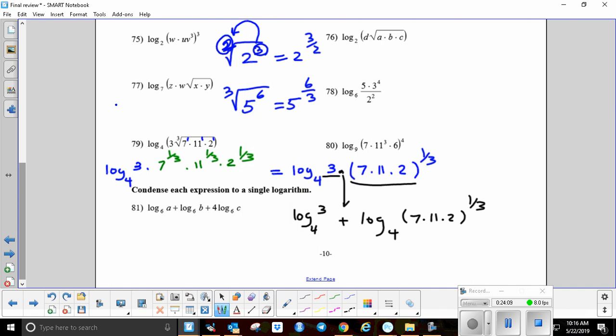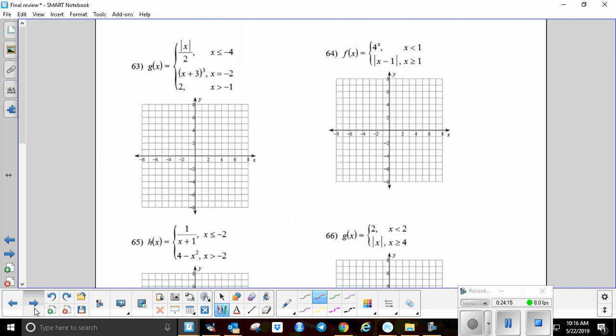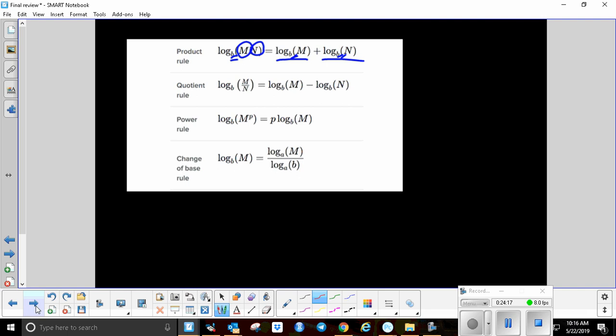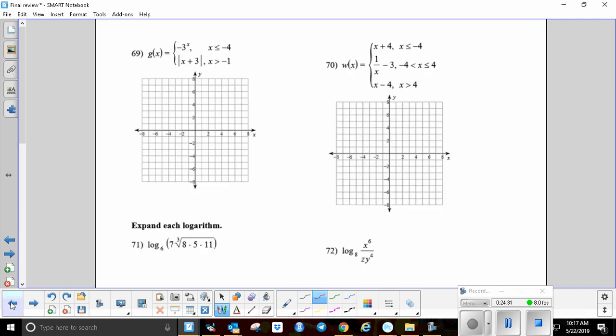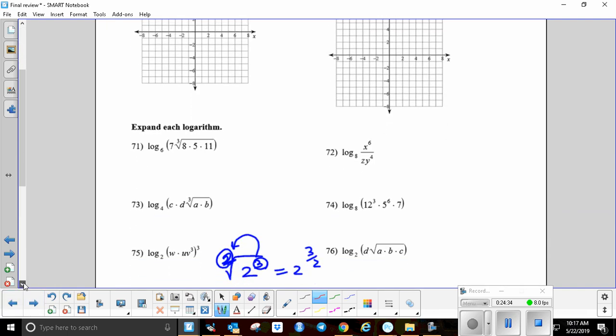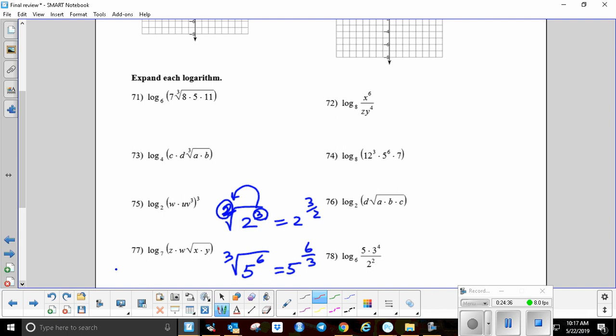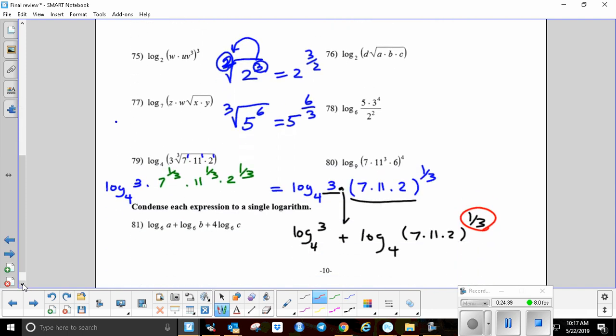Now, if I have a power, let's go to our property. Power of p, that p comes out of the log and it comes as a multiple. So that's what I'm going to do. I'm going to convert this to 1/3 log of 4, 7 times.